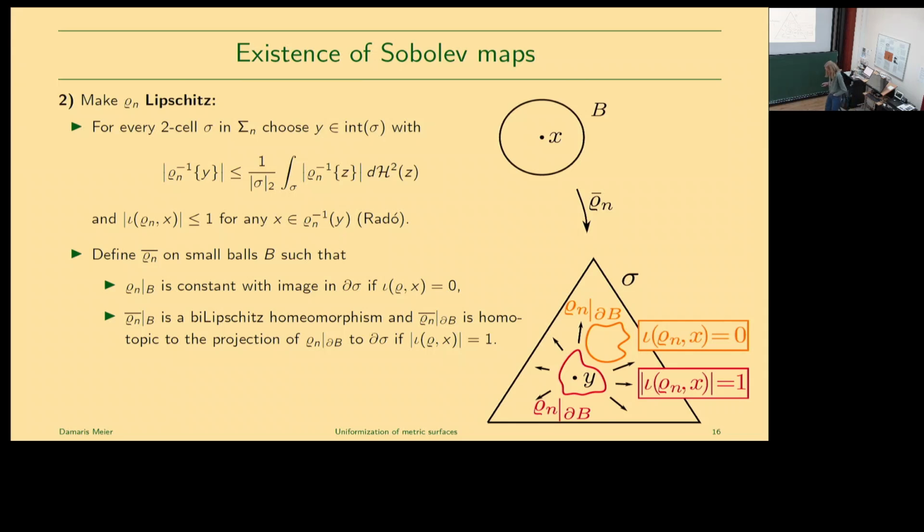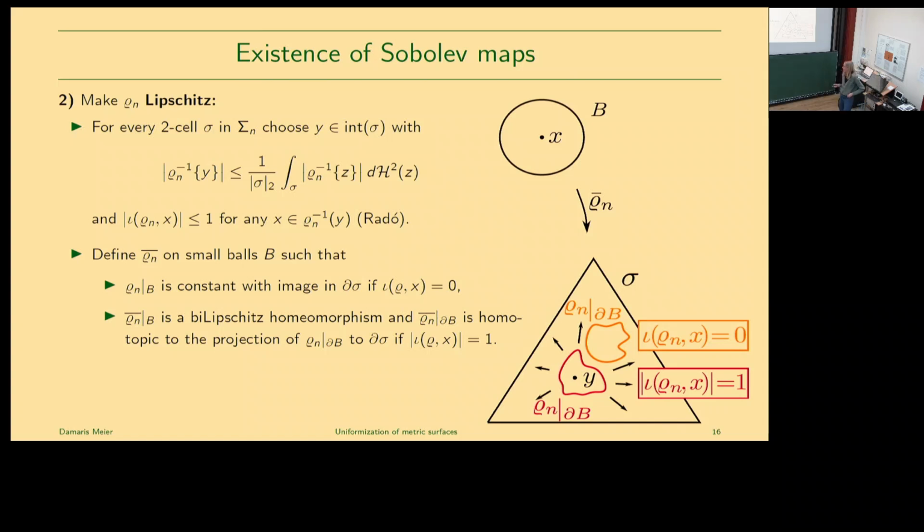Now around these pre-images X, we pick small balls, and these balls should be disjoint. We define a map rho n bar such that when the winding number is 0, we can push the image of the curve of the boundary of B to the one skeleton and then extend it, defining it on the whole ball to be one point in the boundary.